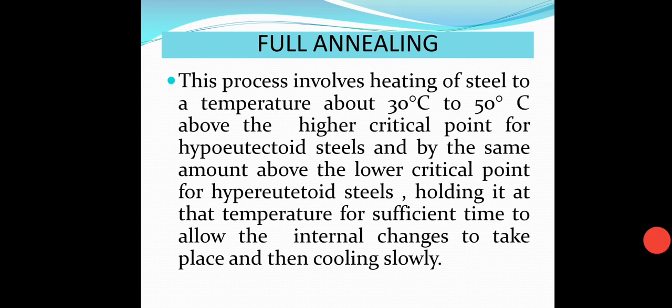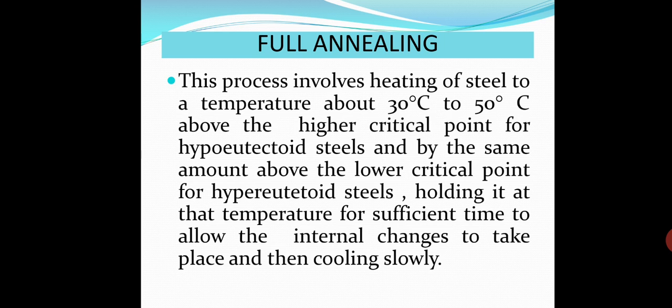In case of full annealing, the steel is heated to a temperature about 30 degree to 50 degree centigrade above the higher critical point for hypoeutectoid steel, and by the same amount above the lower critical point for hypereutectoid steel. We have already discussed, 0.8% carbon is known as eutectoid steel.